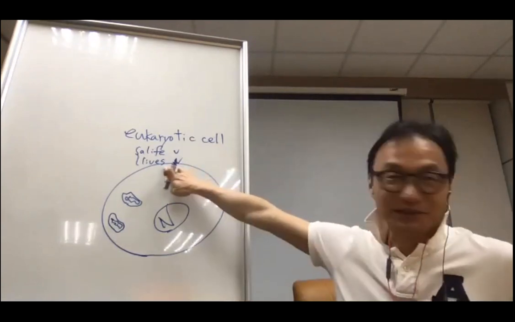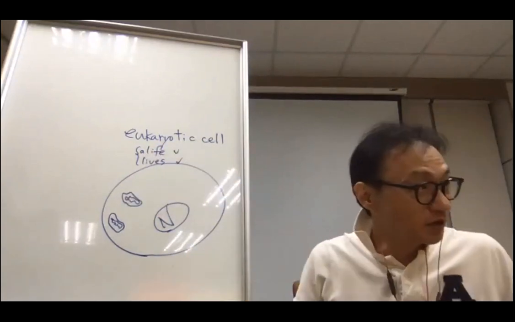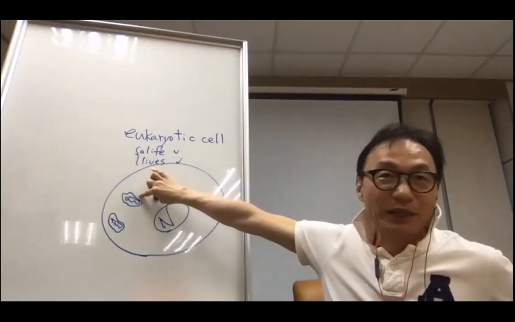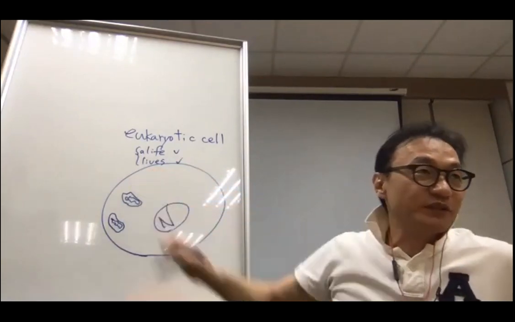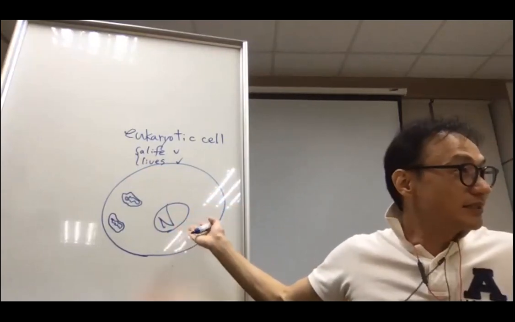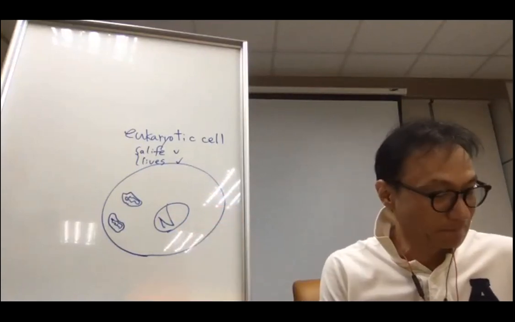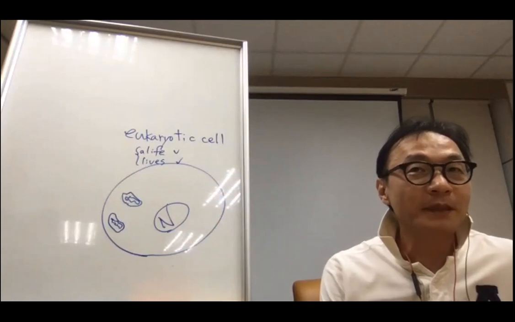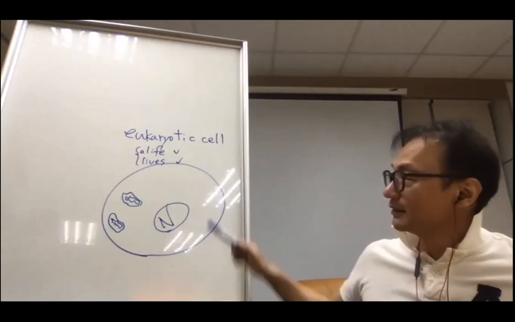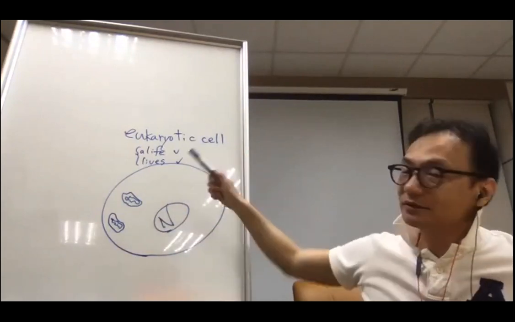Yes, lives, right? Because not only can the cell have cell division, but the mitochondria can also have cell division, right? So it's a family, right? Can you consider this as a life? It's a family, right? So you have so many lives inside a eukaryotic cell.